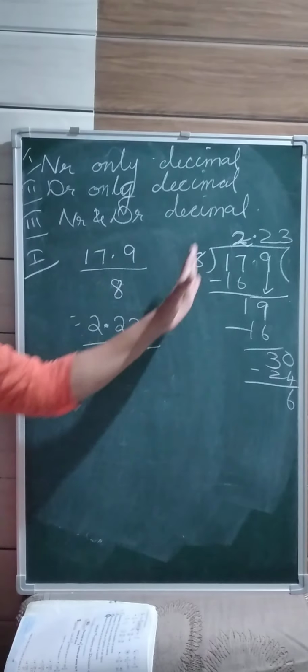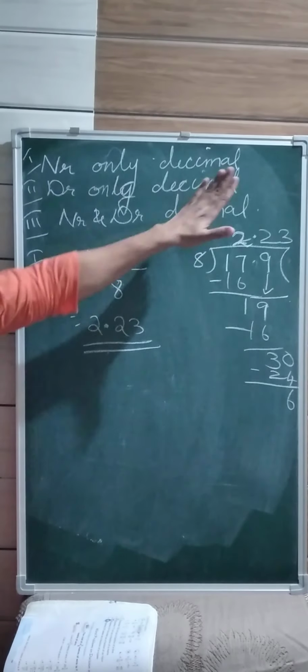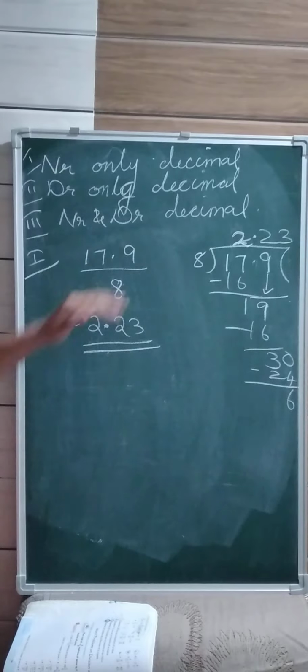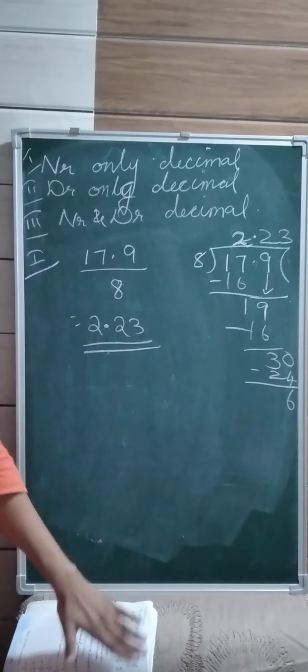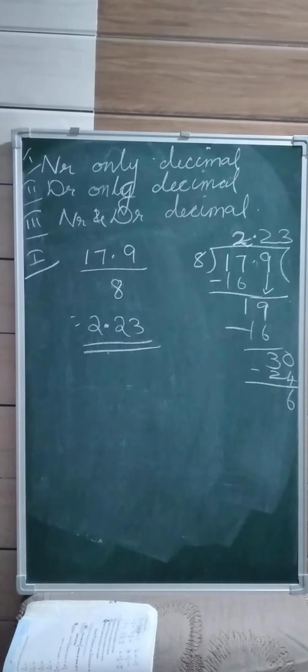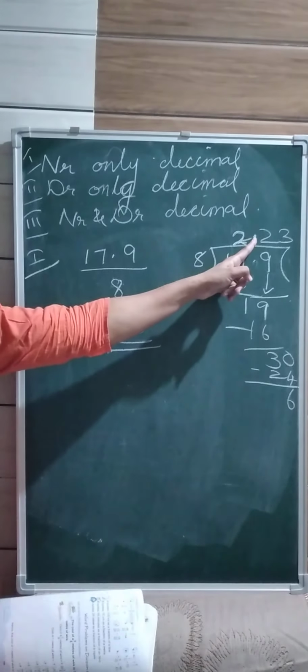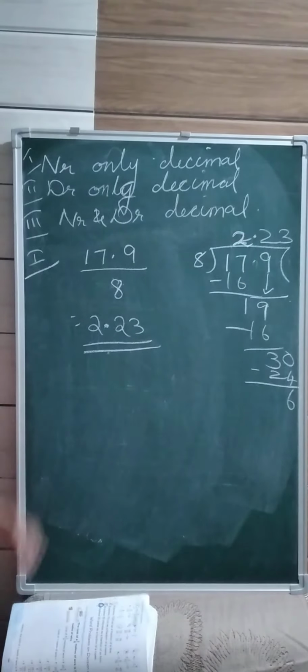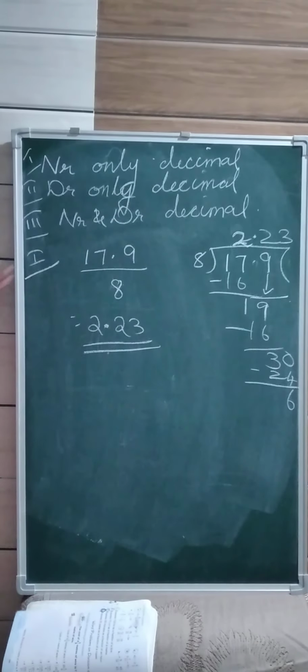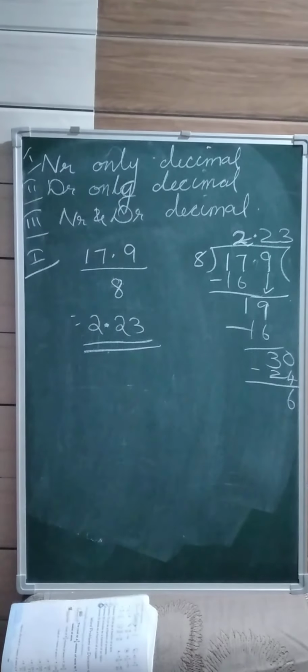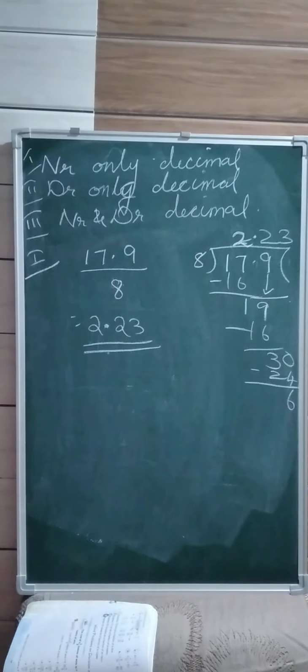It is just the normal way process. Only in this thing you should be careful: just put the decimal point here on the top. Yes, this way we can do the first case, numerator only decimal division.